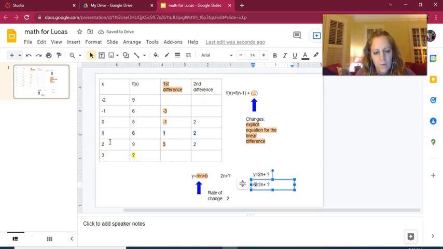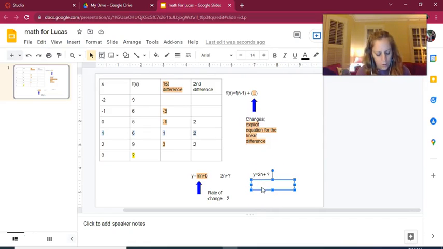Okay, ignore the 6th part. We are going to see if it equals the change.